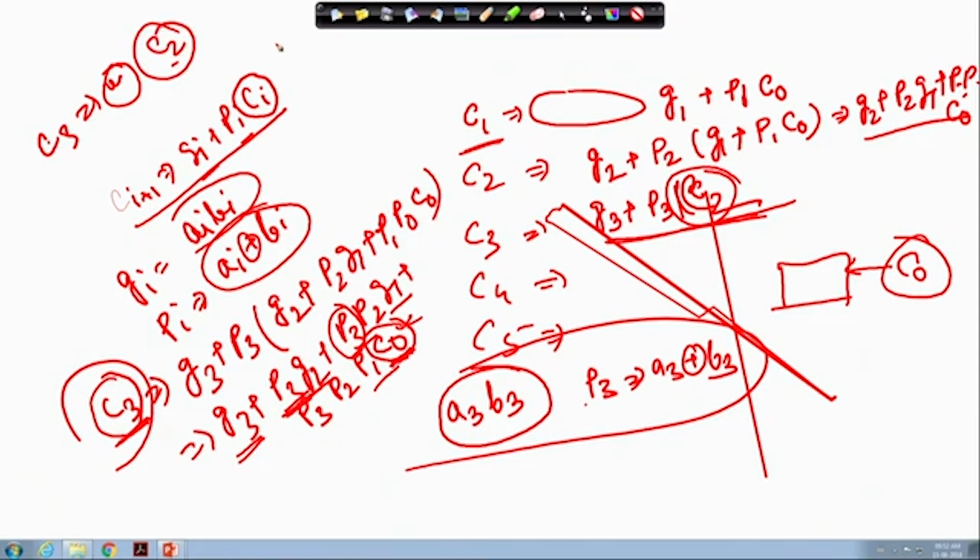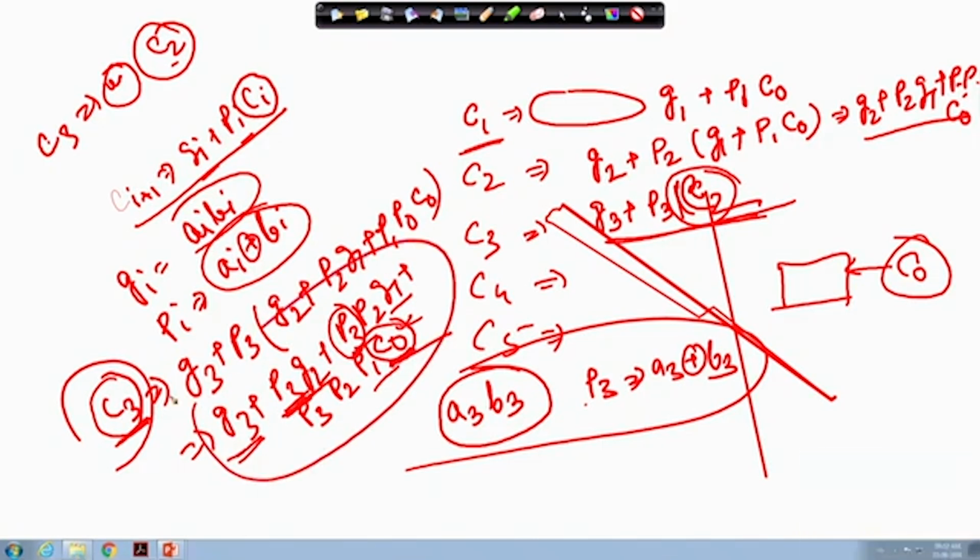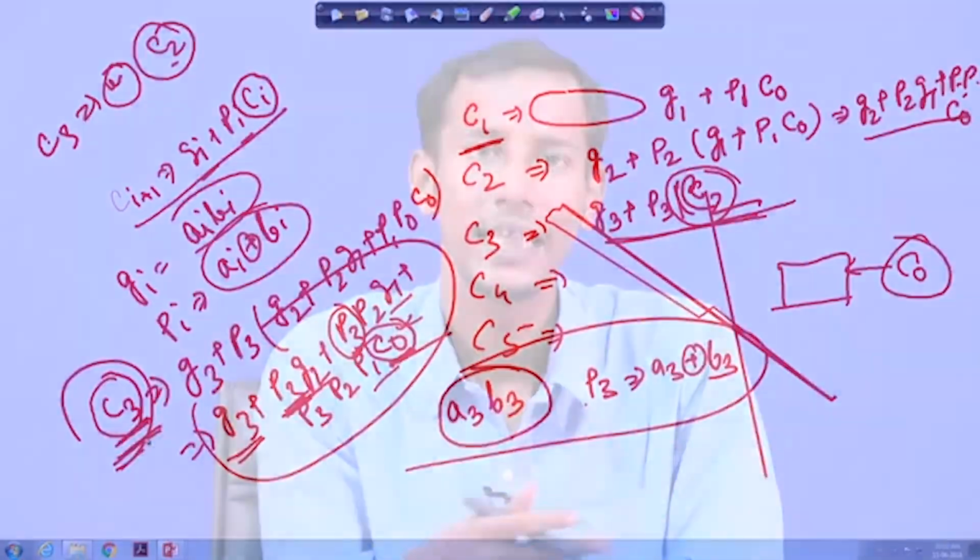Once the computation of C1 is over, only then can I calculate C2. So I have to wait, but here I do not have to wait, because C0 is already available and all these signals are available at that time.